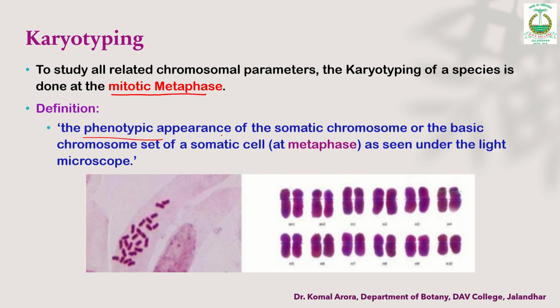It is the phenotypic appearance of the somatic chromosomes, or the basic set of the somatic cell at metaphase, as seen under a light microscope. We photograph the cell at metaphase, arrange the chromosomes in decreasing order of their length, and then compare the karyotype of one organism with another.